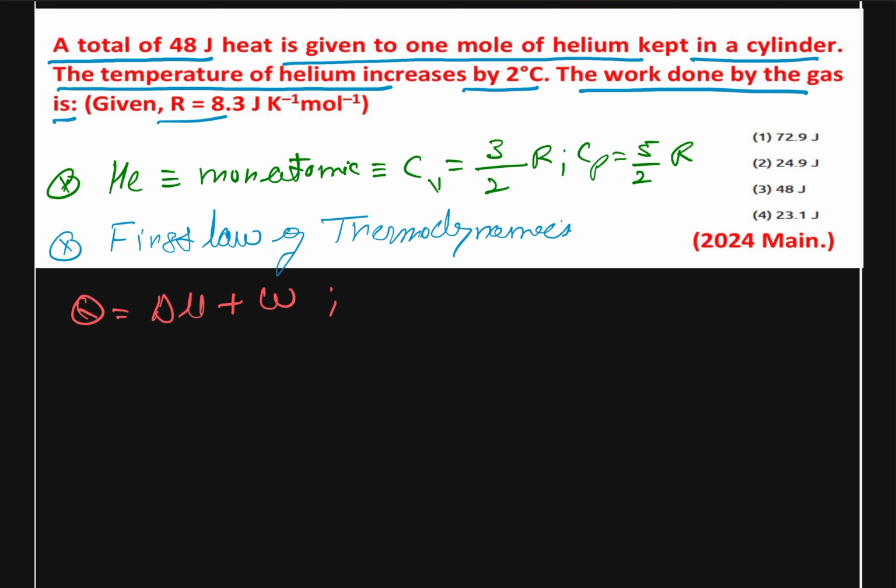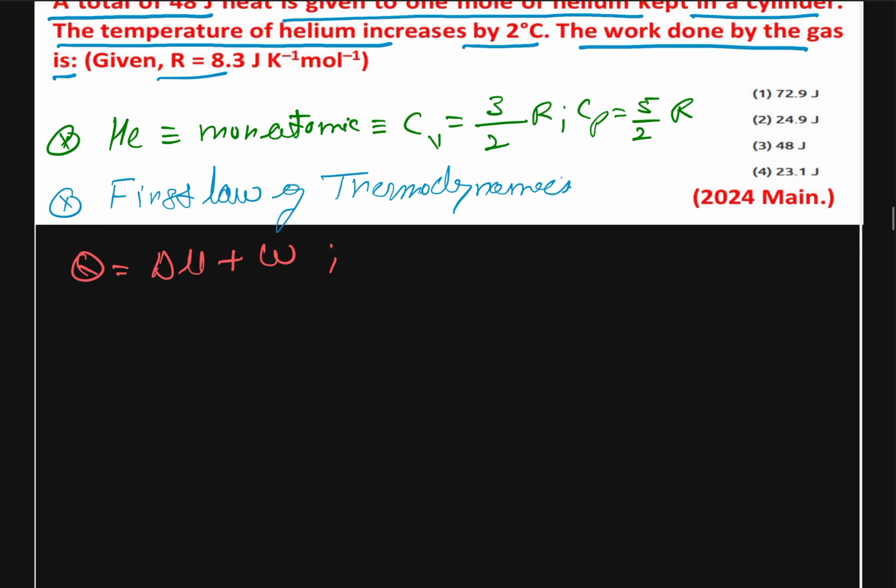So we are going to find out our delta U, change in internal energy, which will be equal to n C of V multiplied by delta T.